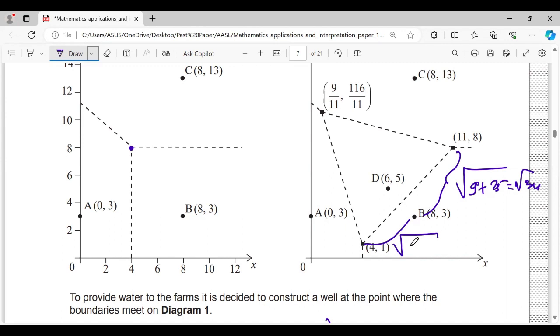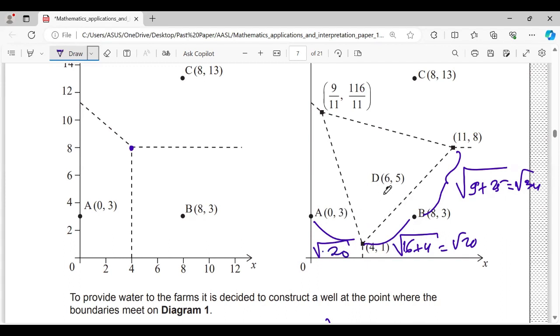Square root of 16 plus (4 minus 8)... plus 4, square root 20. So about this, this is as well 20.